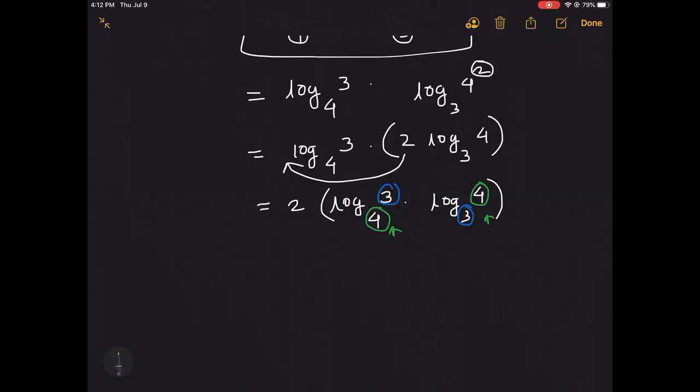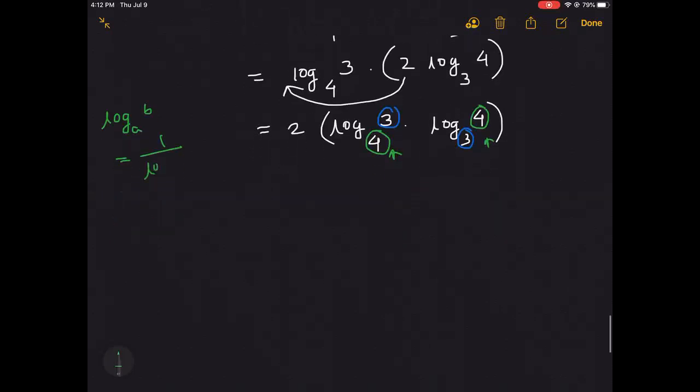So you have a formula or property for this type of problem. And that is, if you remember, it's actually the same thing. It's the reciprocal of that, but obviously the order will get altered.